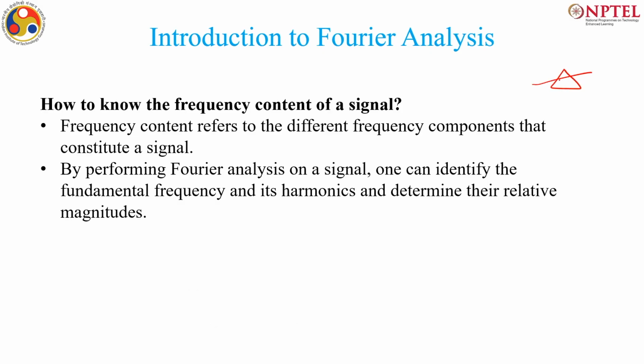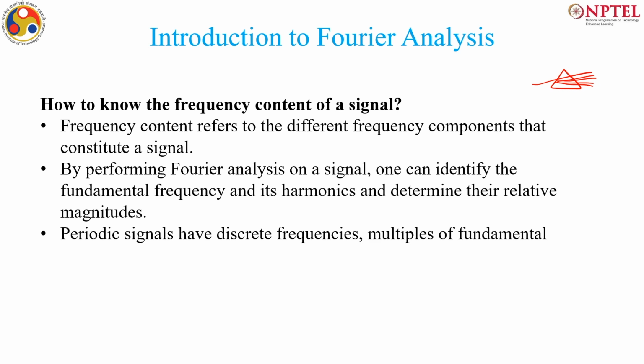For example, if we pass white light through a prism, it breaks it into its constituent frequencies, the VIBGYOR components. Similarly, in Fourier analysis, if we send in a signal, all the components of the signal, which are nothing but sinusoidal waves varying at different frequencies, will be split out, and that is the purpose of Fourier analysis.